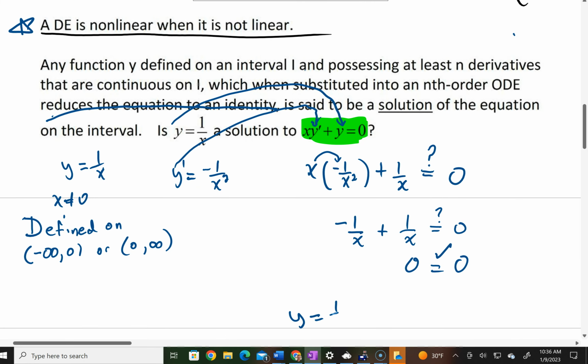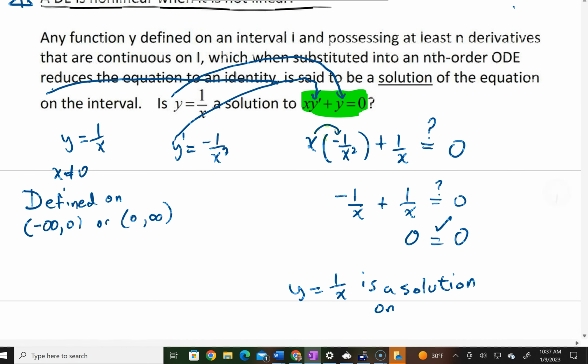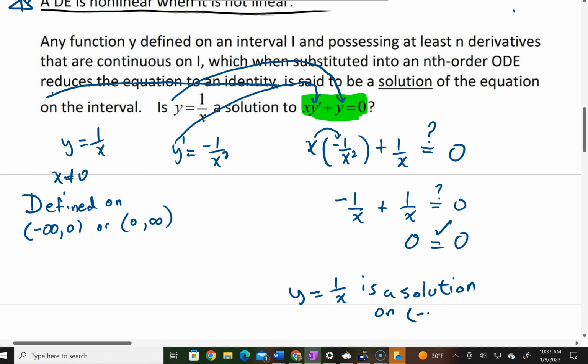So what can we now say? y equals 1 over x is a solution on one of two intervals. It's either negative infinity to 0 or 0 to infinity.